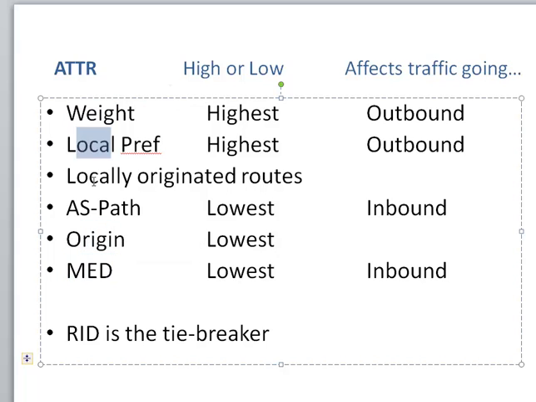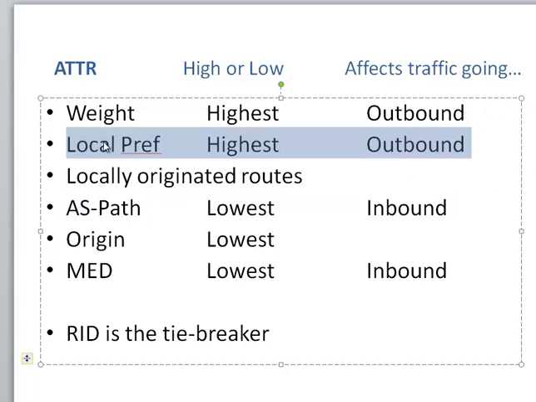Generally, 1, 2, 3, 4, 5, 6. The first 5 or 6 attributes, I think there are like 15 or 17 total. But generally in the real world, only these two are used. Sometimes, in the places I've been at, just local preference and AS path are used. People don't even go crazy on the other ones.